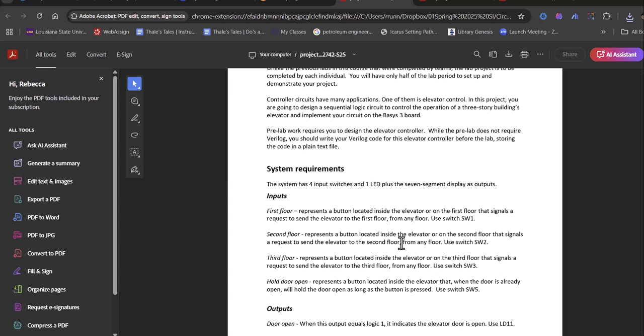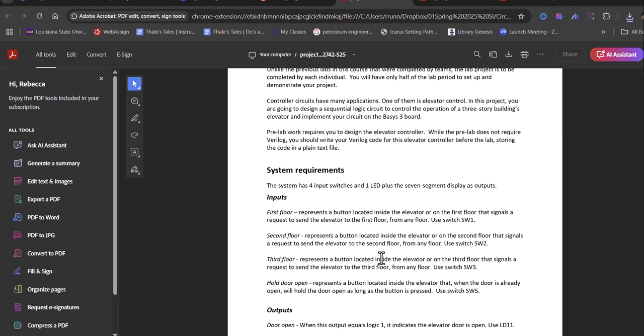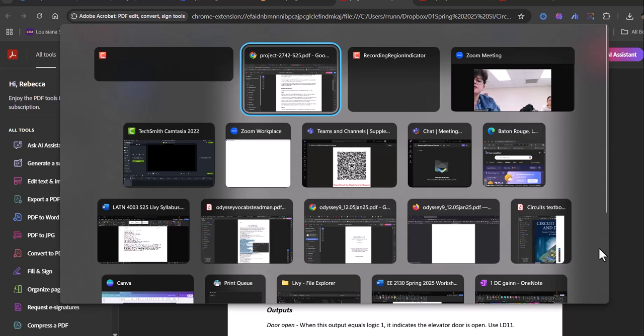What about the different floors? So what's the behavior? Let's talk through a day in the life of this elevator.